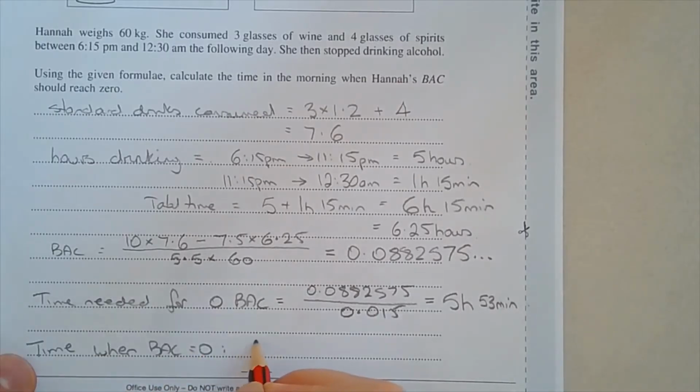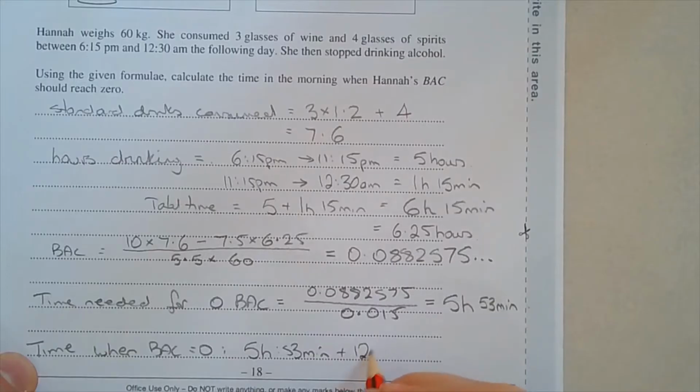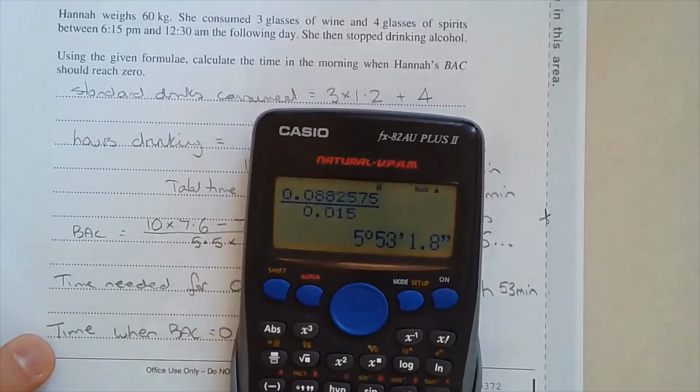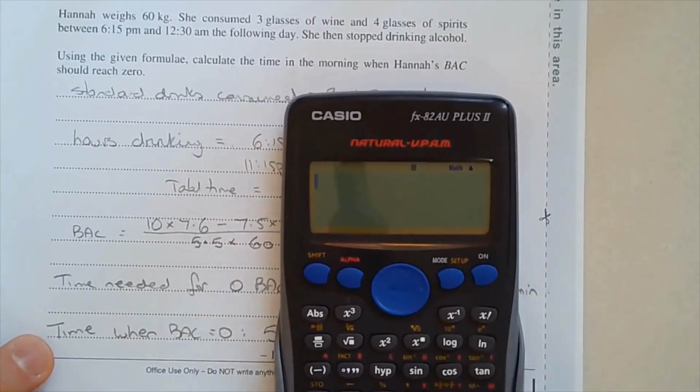Okay, so 5 hours, 53 minutes plus 12:30 a.m. You could also use the DMS button here for adding on time.